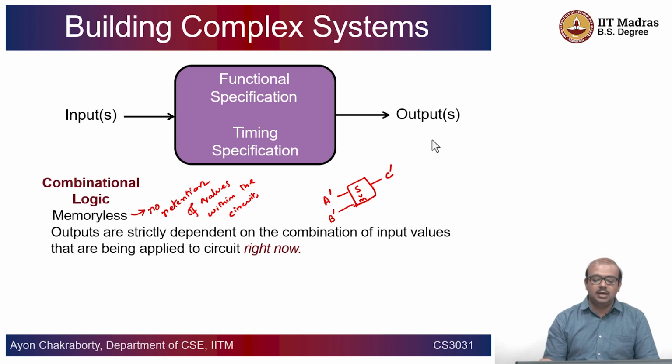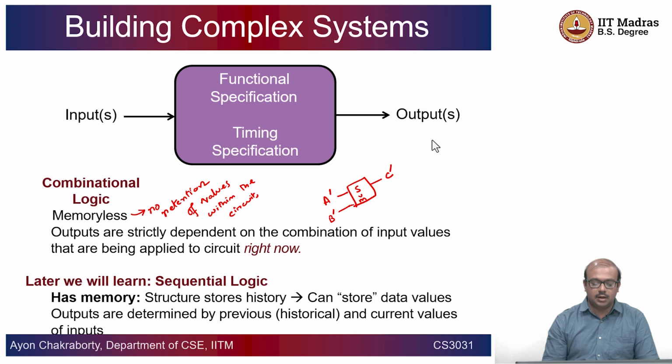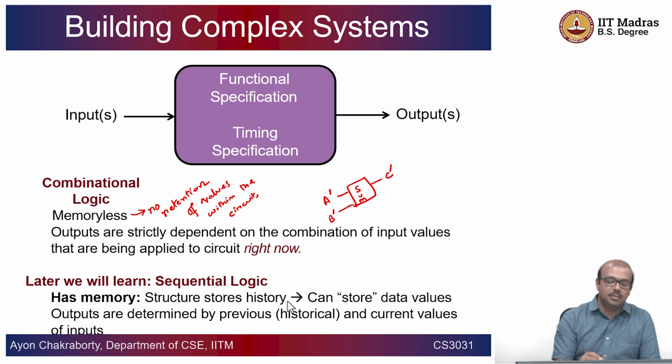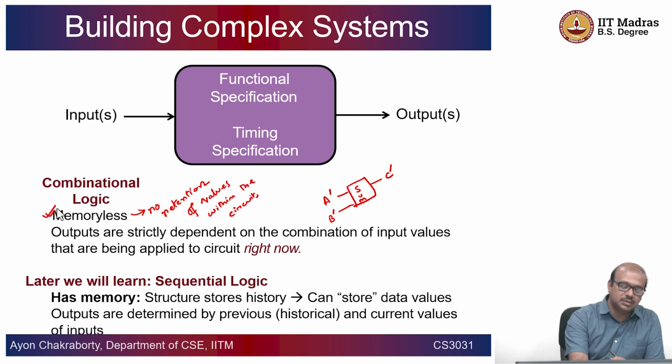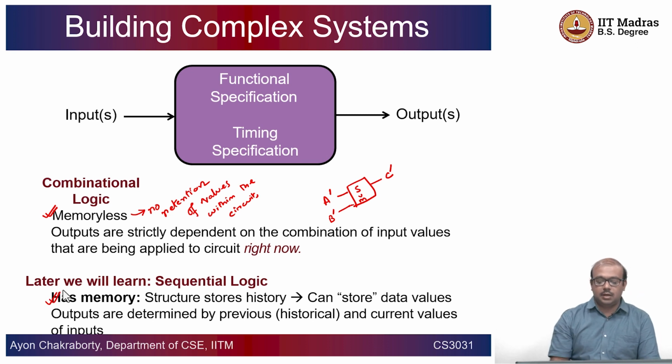Okay, in contrast to combinational logic, we are going to also learn about sequential logic. Initially, we are going to start with combinational logical building blocks. Next, we are going to look into sequential logic, which stores the history, right? The main difference is that the first one was memoryless, whereas this has memory. So, what you do next is often dependent on what happened in the circuit in the previous time step.